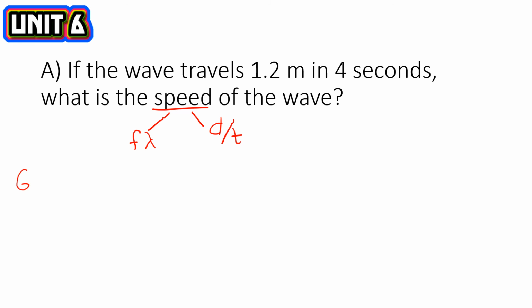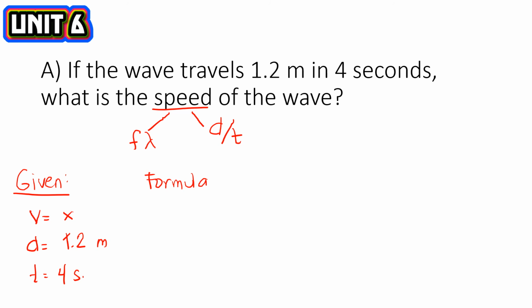So let me just write it here as a given. Your speed here is unknown, then the distance is what? 1.2 meters. And then the time is 4 seconds. So the formula that we are going to use is not wavelength multiplied by frequency, but we will use distance over time.